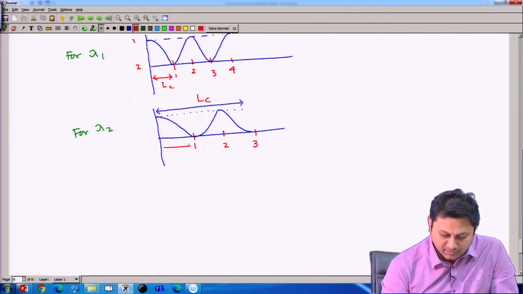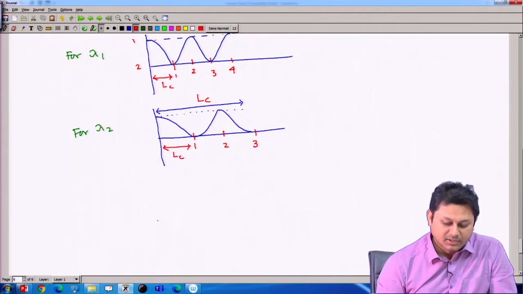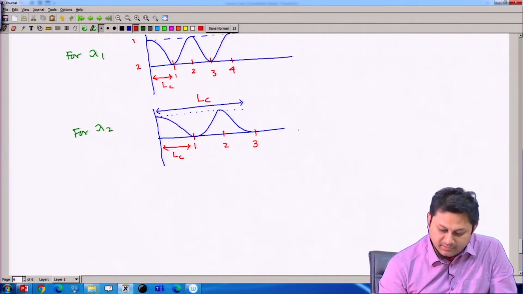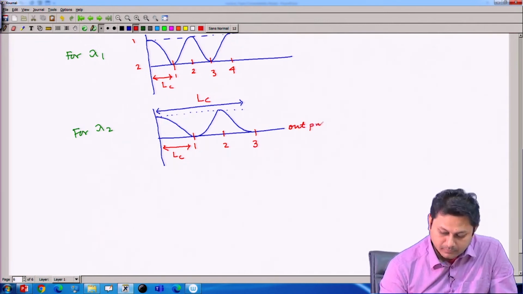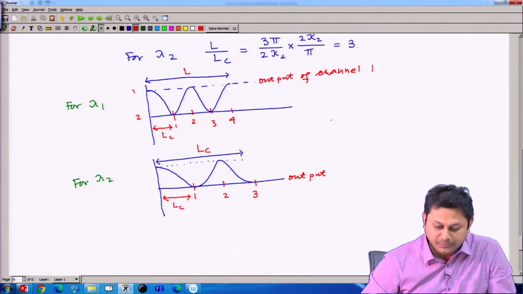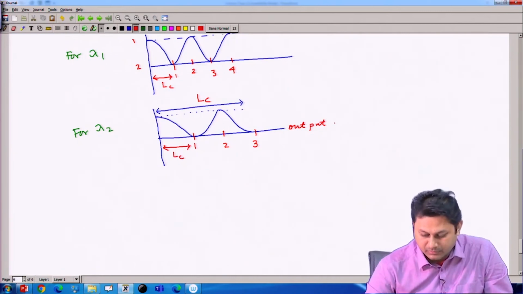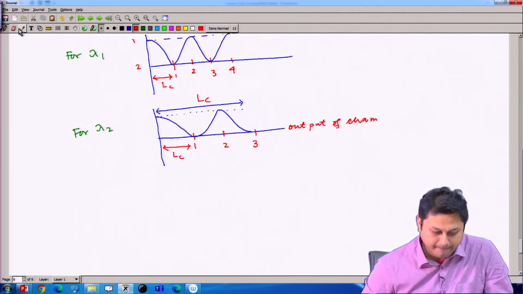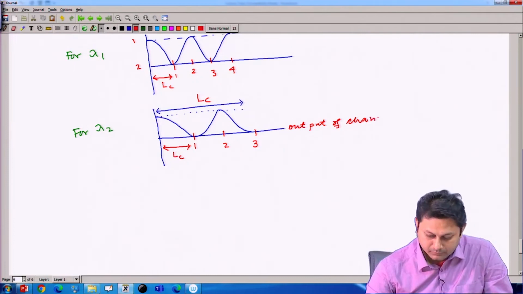What is this length? This length is the coupling length for lambda 2. These two are not same, and this is the output of channel 2.